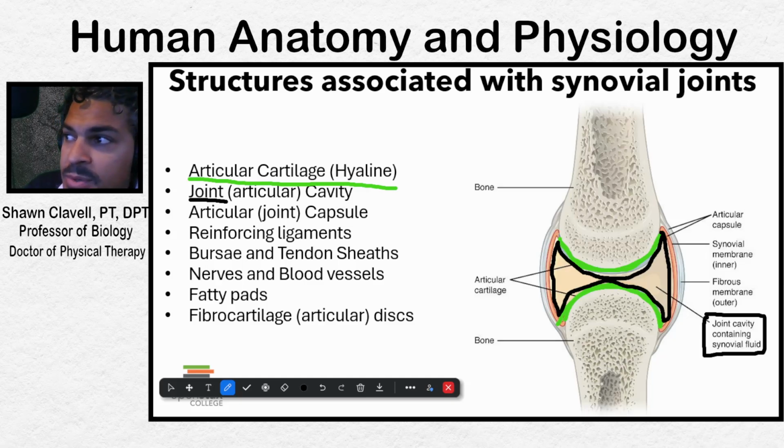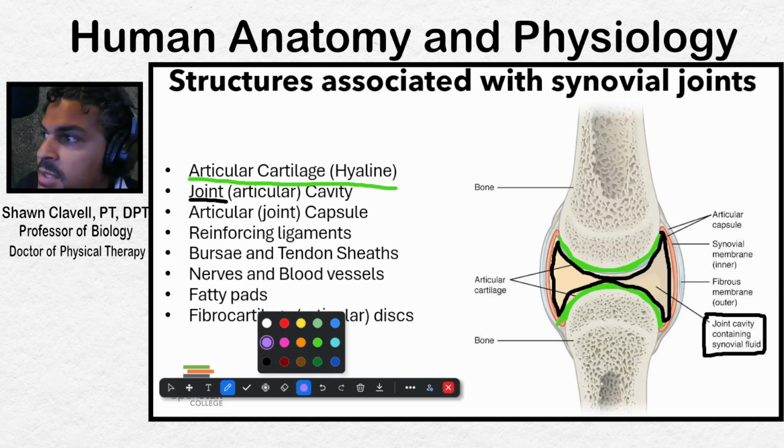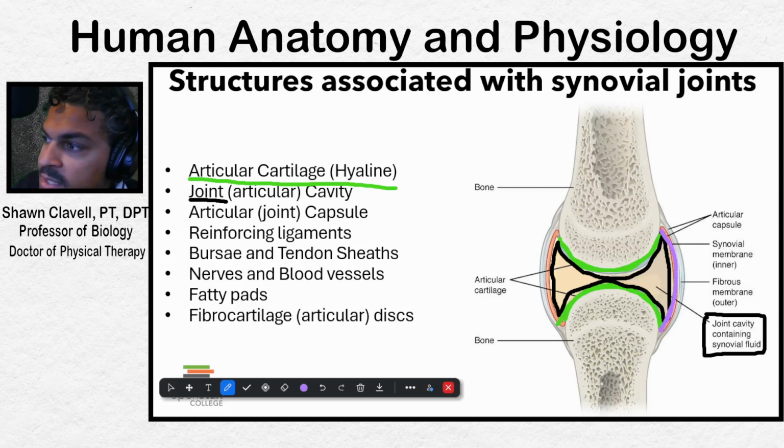The capsule has two parts. There's the outer fibrous part of the capsule where the ligaments actually attach, and then there's the inner part of the capsule, which we'll make purple or pink. So there's the outer part of the capsule, and this is the inner part of the capsule. This is what secretes the synovial fluid.